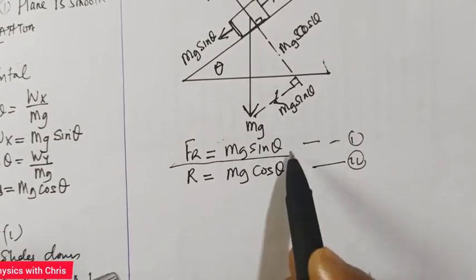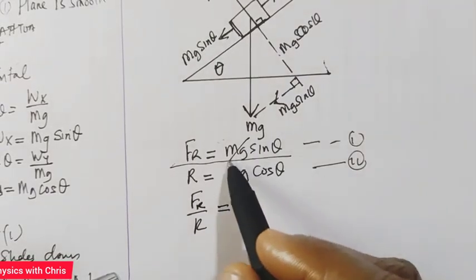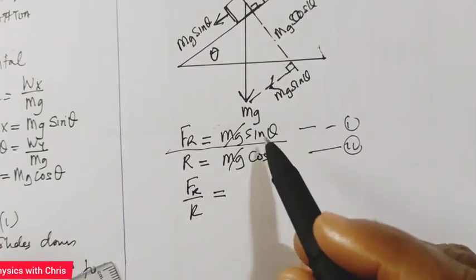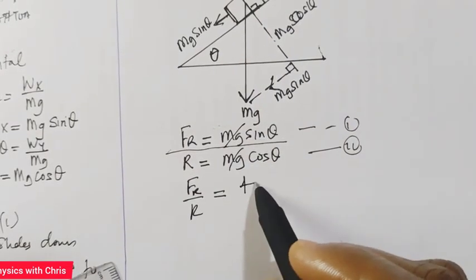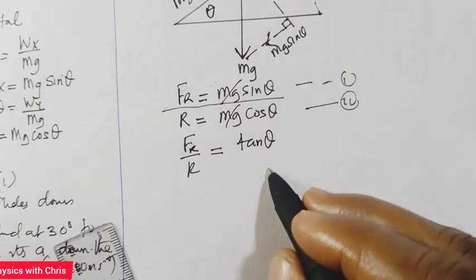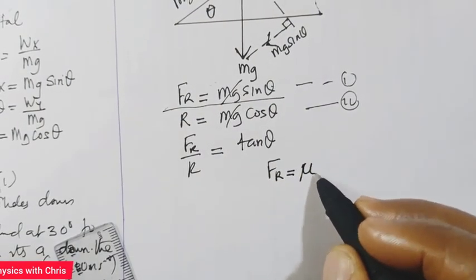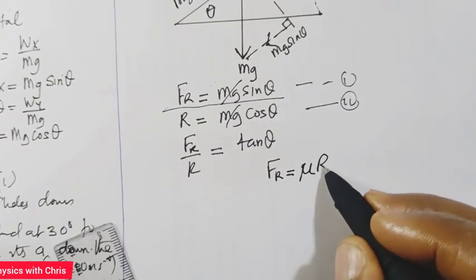When we divide these two, we have Fr, the frictional force, over R, the normal reaction, equals mg sine theta over mg cos theta. mg cancels mg, and the ratio sine theta over cos theta gives tan theta. And we know that frictional force Fr, as I said in the last video, is given as mu, the coefficient of friction, times normal reaction.